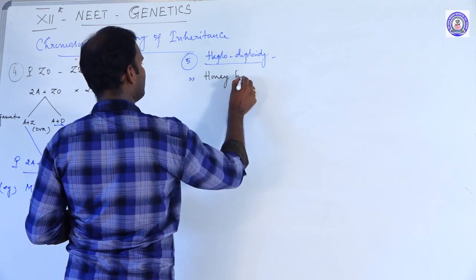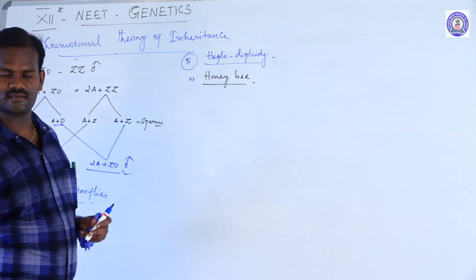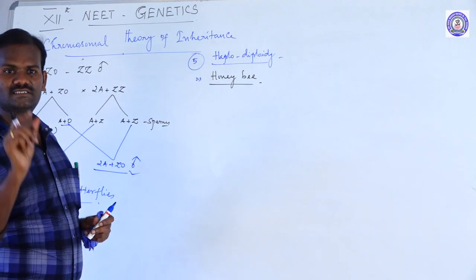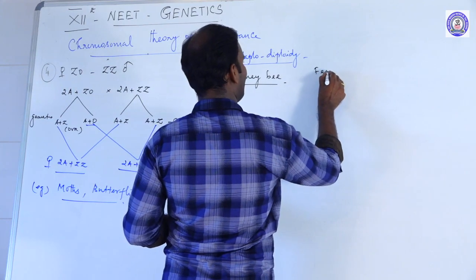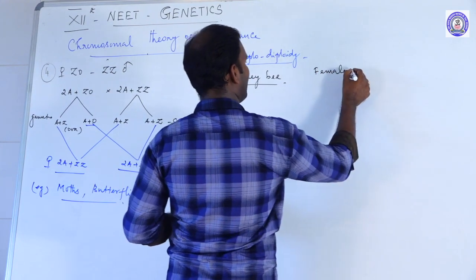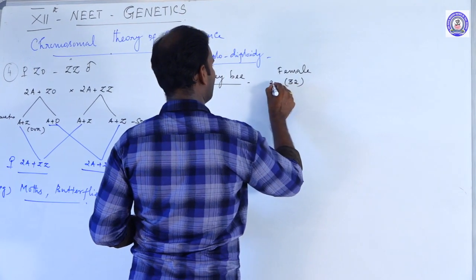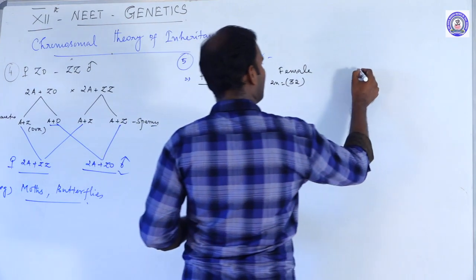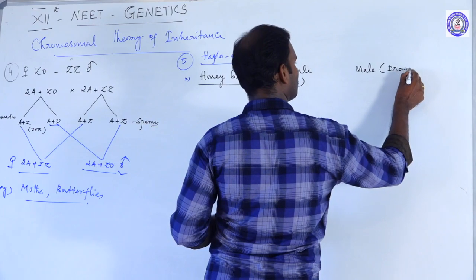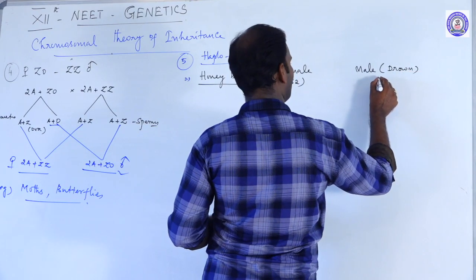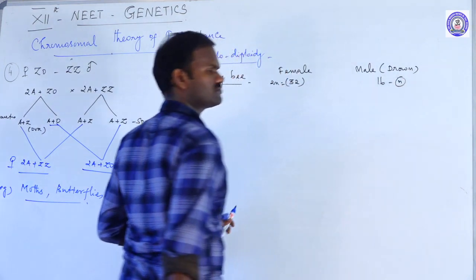In honeybee, female is diploid, whereas male is haploid. Female is diploid, I mean 32 chromosomes, 2N. Male is also called drone. It only contains 16 chromosomes. It is haploid, N.